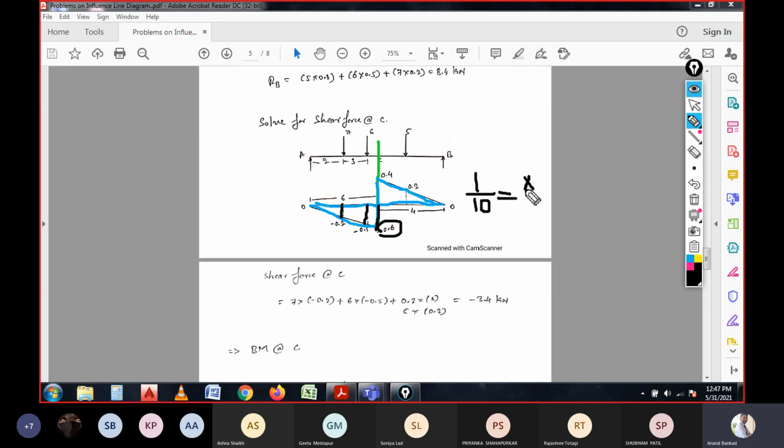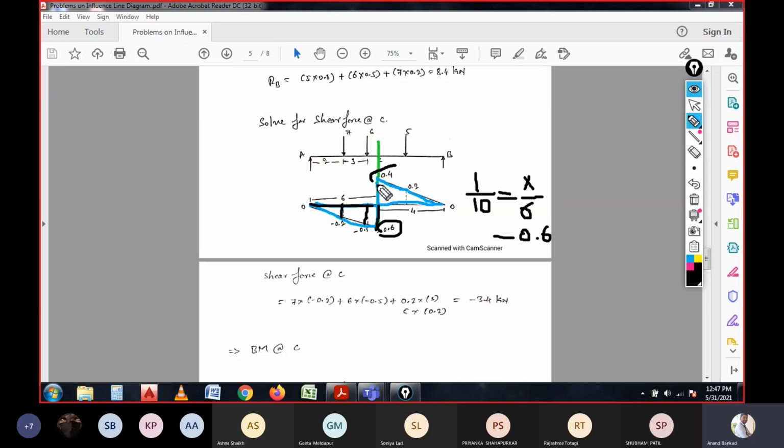So x I could take, at the distance of 6 meters, that will be 0.6. The 0.6 which we are considering at the left side is written in the downside, which is the negative sign, which is 0.6 over here again.